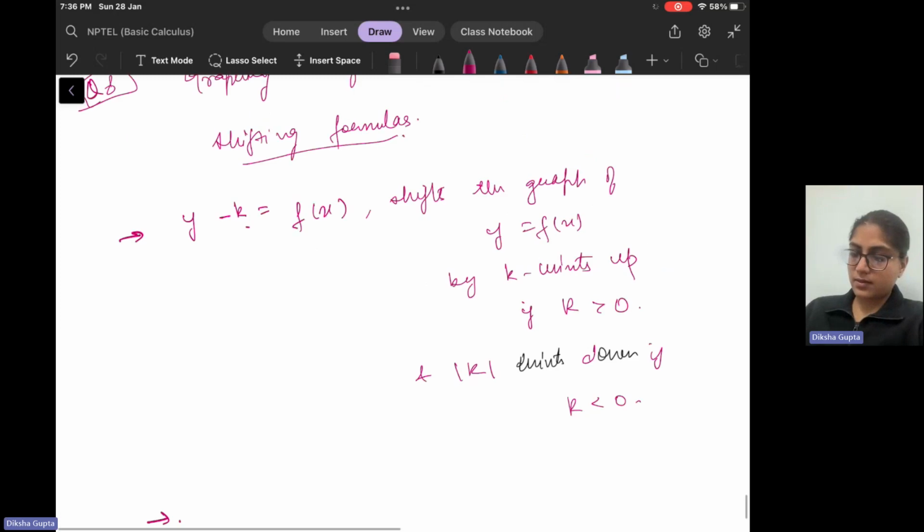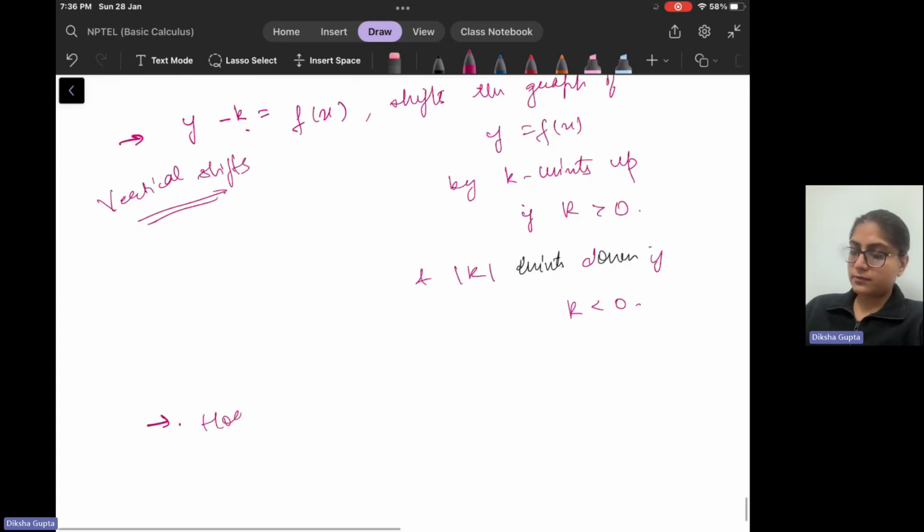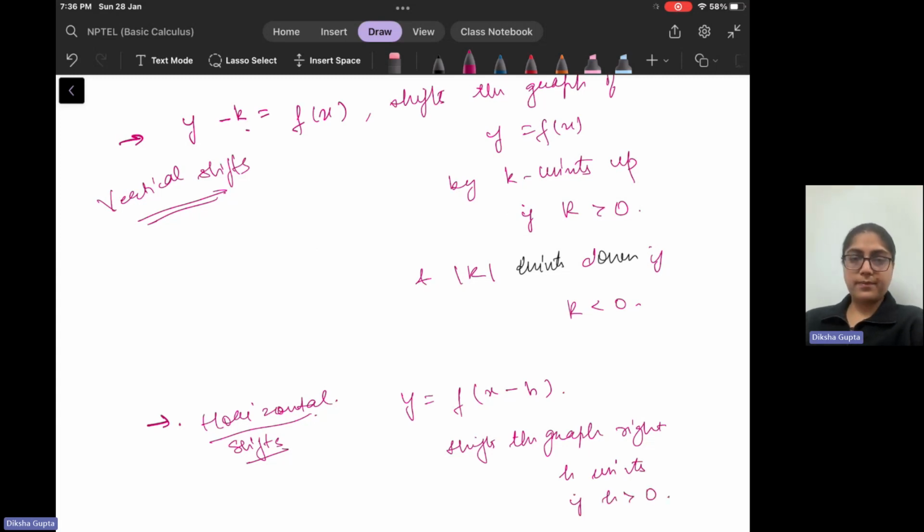Second is, if we change in x, these are horizontal shifts. If we change in y, vertical shifts; if we change in x, horizontal shifts. So if y equals f(x minus h), it shifts the graph right h units if h is positive.